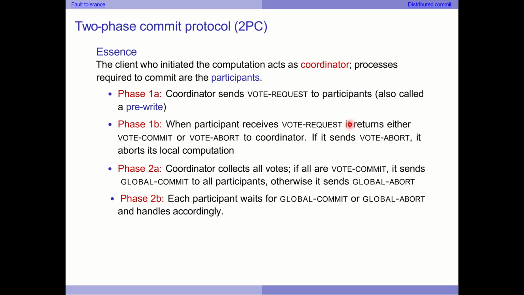If we look into the hierarchical structure of a process group, we have the coordinator and also the workers, and workers are also called participants.